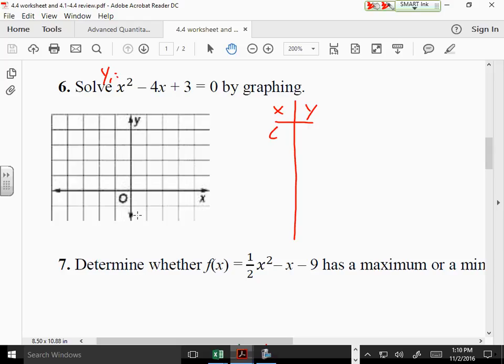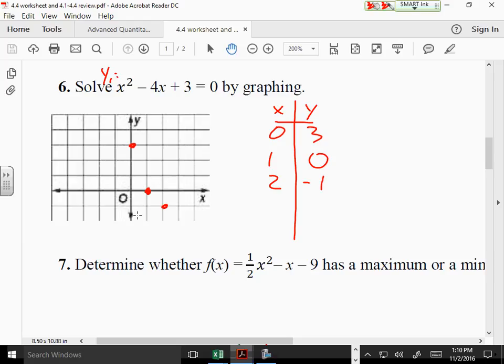That would be right here, okay? What's another one? 1, 0, that would be right here. 2, negative 1, that would be right there.